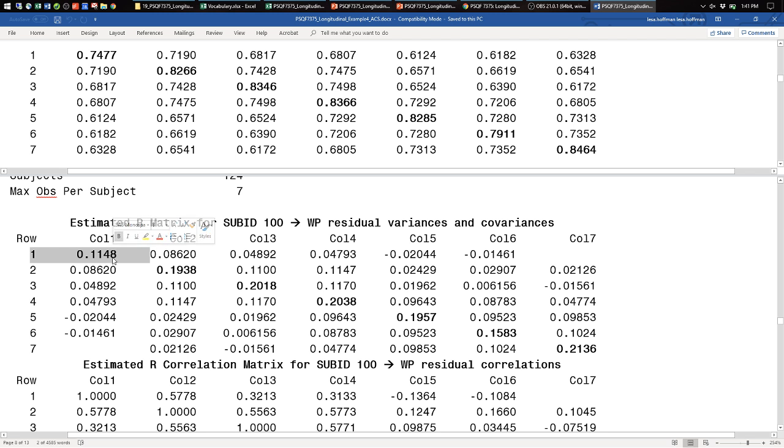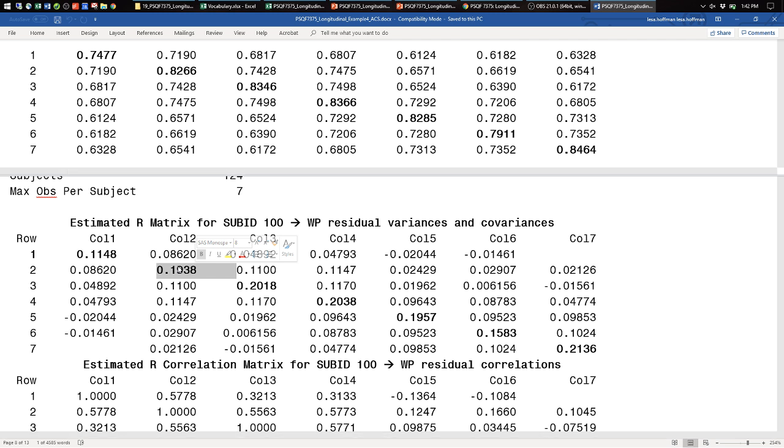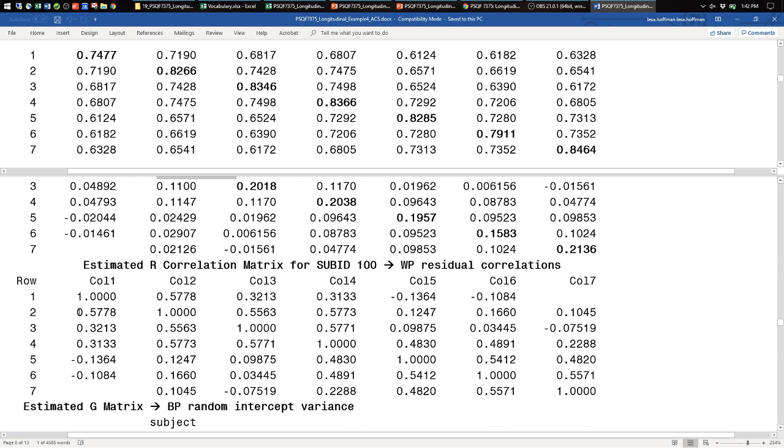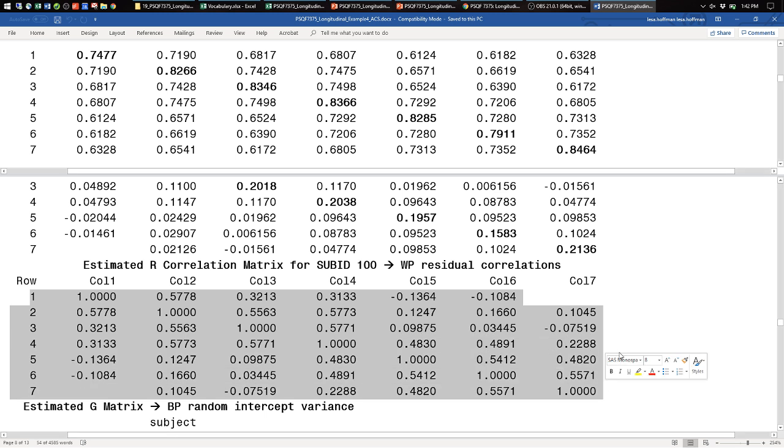This is the E variance at time 1. This is the E variance at time 2. The within part of the variance over time specifically. Now we can see whether or not that needs to be homogeneous or heterogeneous. Likewise, the R core matrix gives us the correlation among the E's specifically. The level 1 within person correlation.